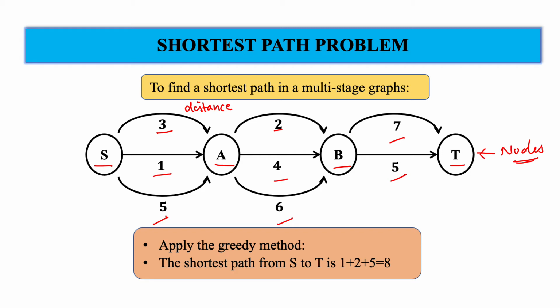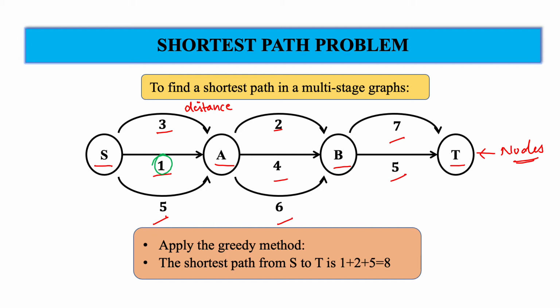Our main aim is to find the minimum distance from S to A out of these three paths. Which one is minimum? 1 is minimum. So this straight line is the minimum path from S to A. Let us choose this one.